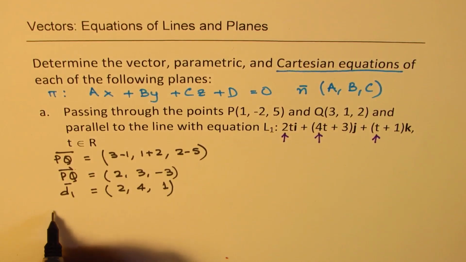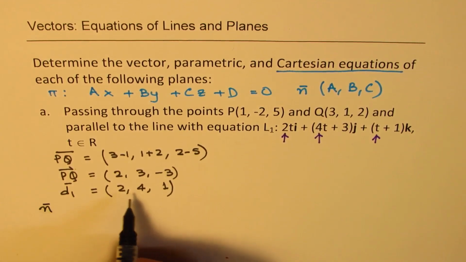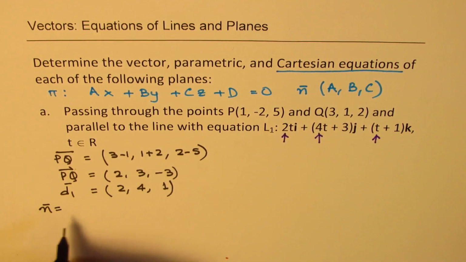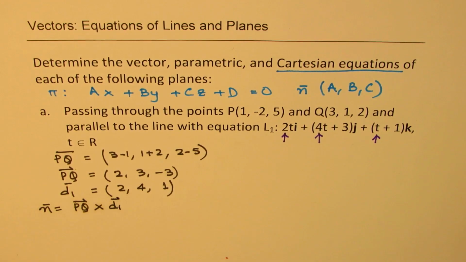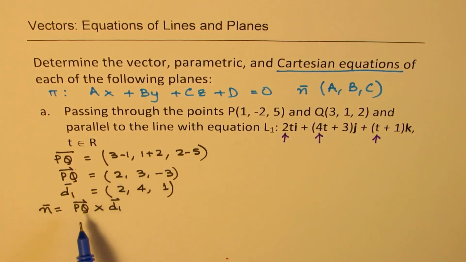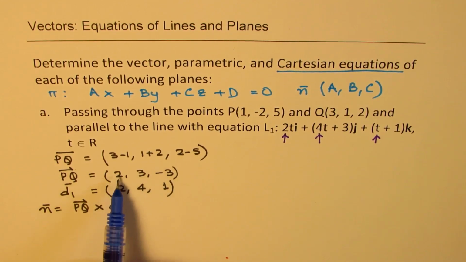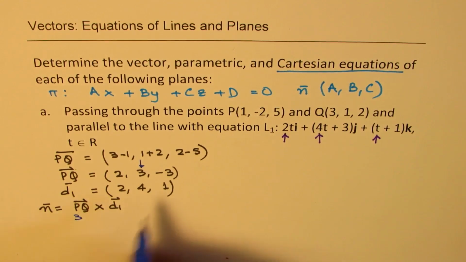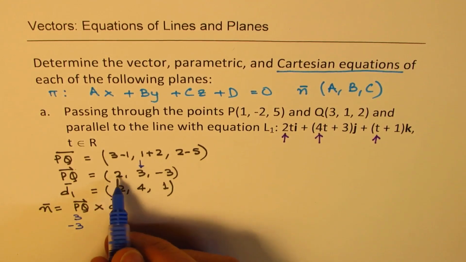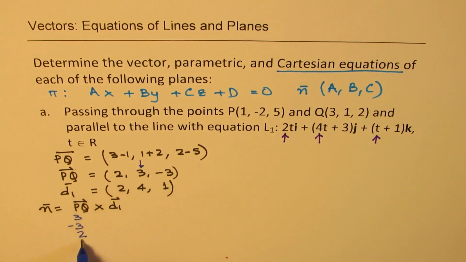Now let's find the normal. The normal is the cross product of these two directions. To find the cross product, some of you will use a matrix, some of you will have learned different ways. Here is a quick way of doing it. For PQ, we start with the center value, which is 3, and we write 3, then minus 3, then 2, and then end at 3 itself.